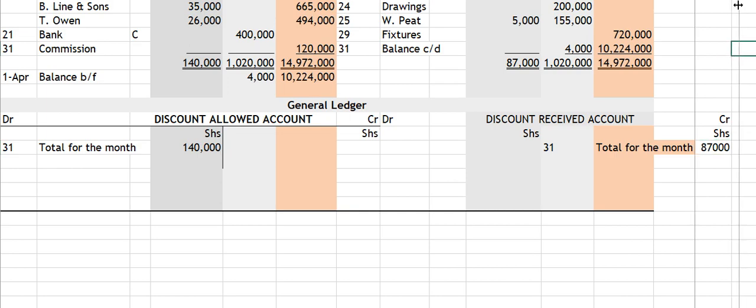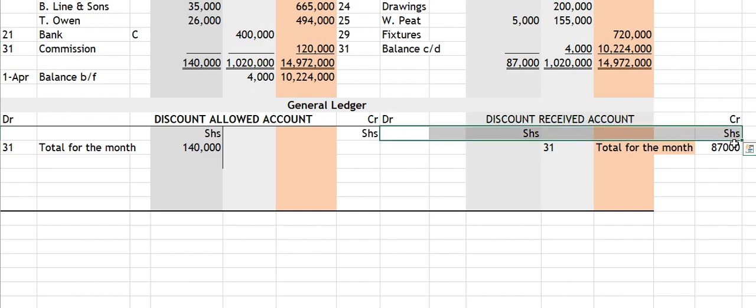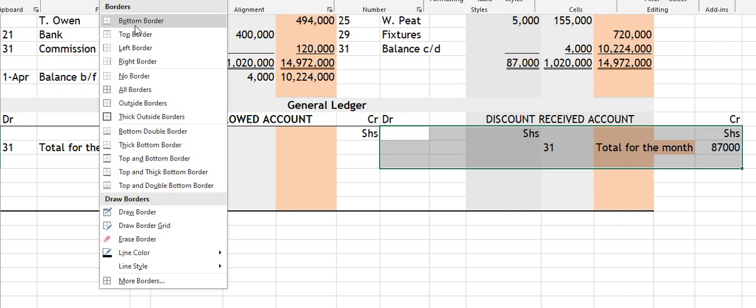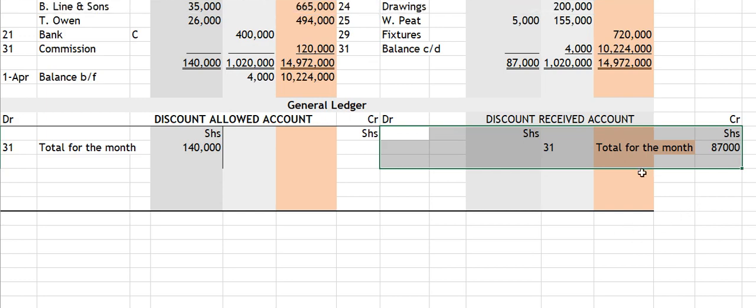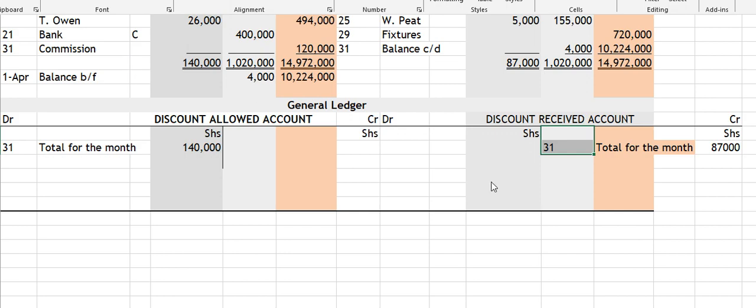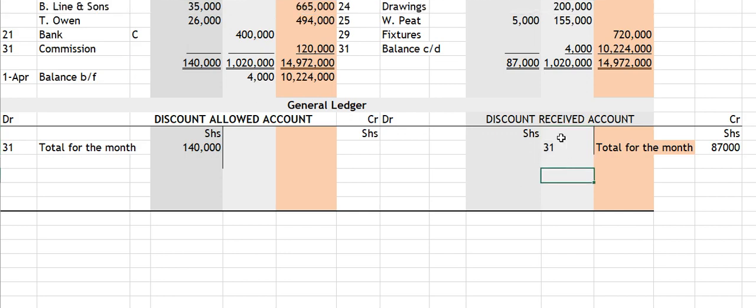So that is the discount received account. That is the discount allowed account.